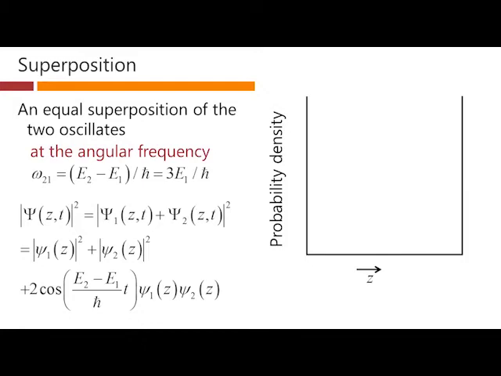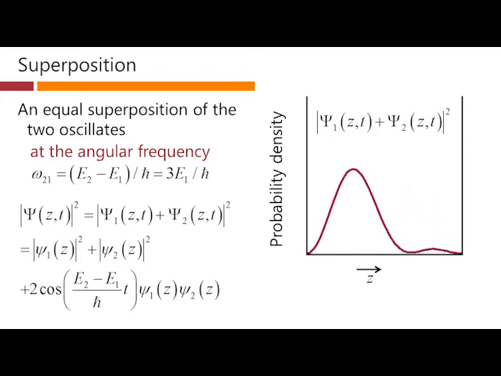Here is what we get, and it oscillates. And that's the cosine oscillation factor that we had been proving algebraically. So now we see, just by creating this linear superposition somehow of the first and second states of our particle in a box, we get an oscillation.